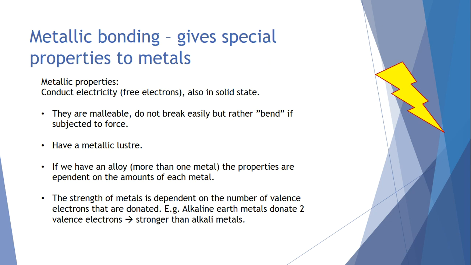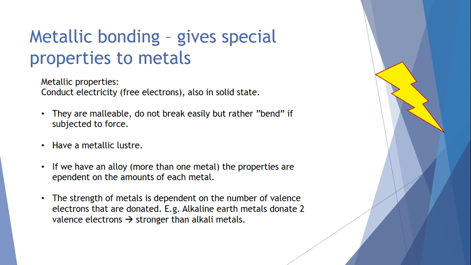We talked about the properties of ionic compounds. Let's look at the properties of metallic compounds or metals. Because the metallic bonding is going to give some rather intriguing properties to metals. So, metals conduct electricity all the time, even when they're in a solid state. This in contrast to ionic compounds, which only conduct electricity when their ions are delocalized or moving.